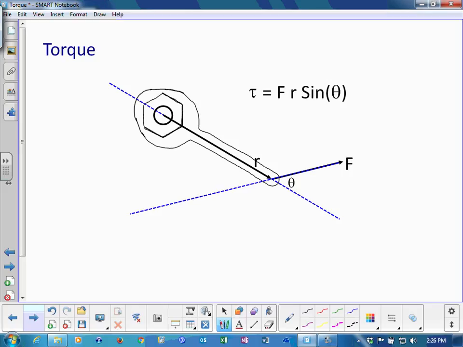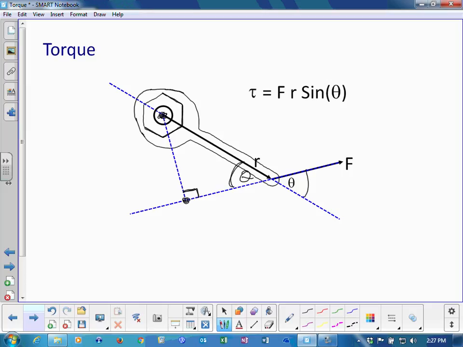Okay, and so we'll take a look at that, and we can now express the torque as equal to the force times r sine theta. And if we look at our wrench and the line of action of the force and the position vector, we'll extend both of those a little bit, and we'll see that if I can find the perpendicular distance from the pivot point to the line of action of the force, then, if this is theta right here, this has to be theta.